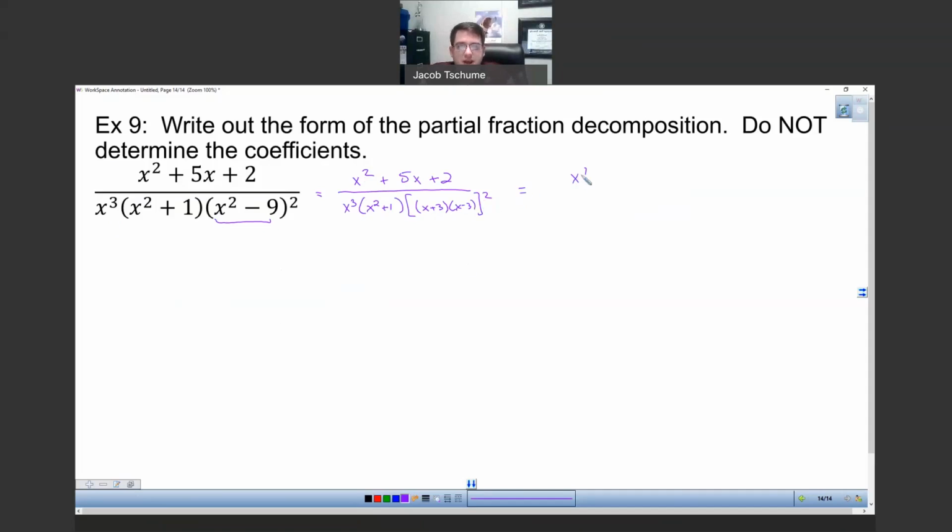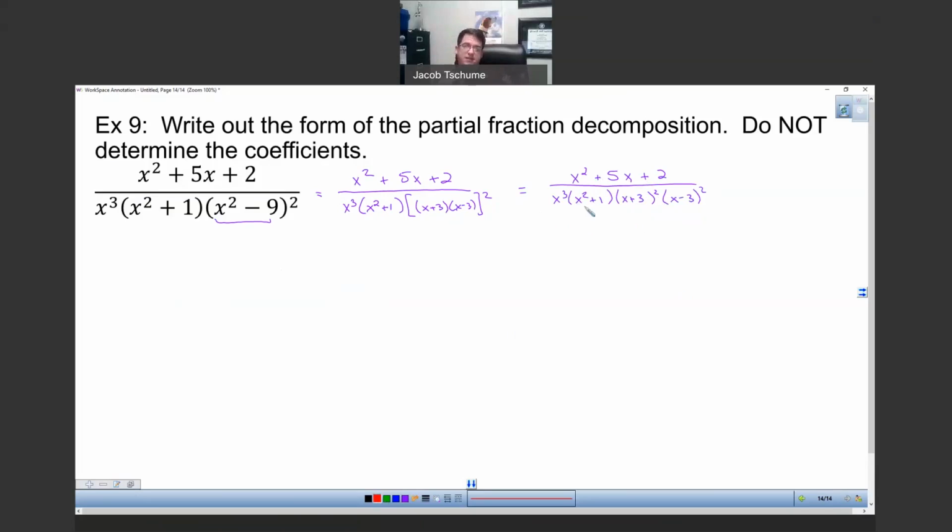Then it becomes x plus 3 squared times x minus 3 squared. So that is the fully factored denominator now. So now you can see this one you don't have to do long division because the power on the bottom is very obviously bigger than the power on top.